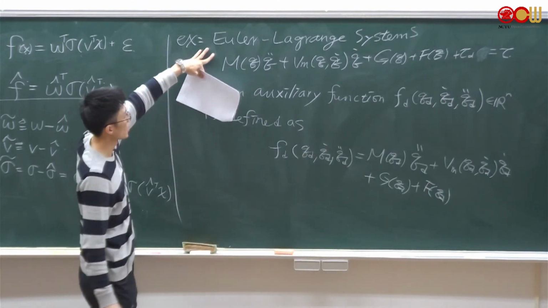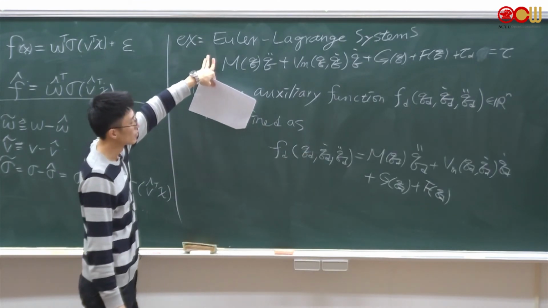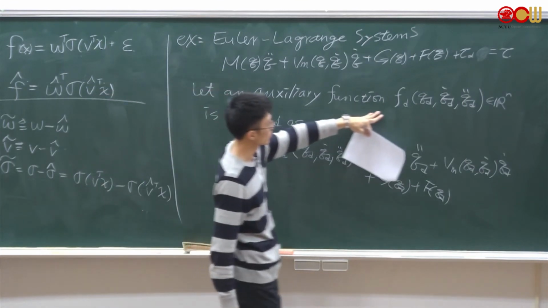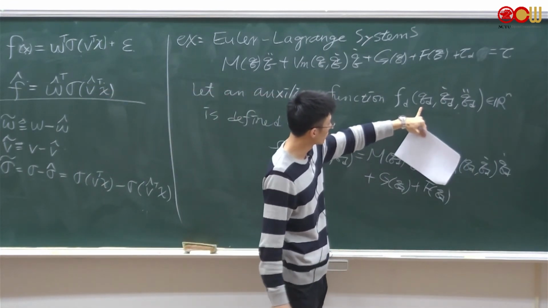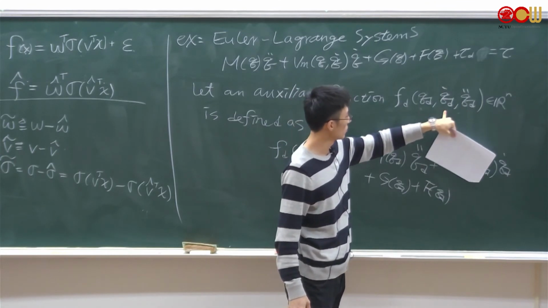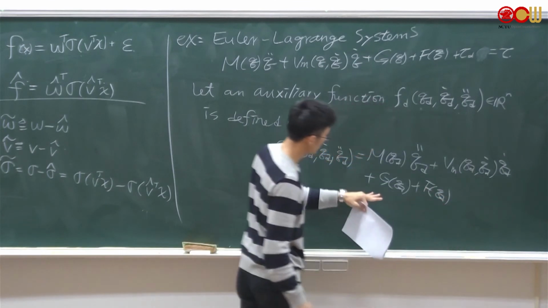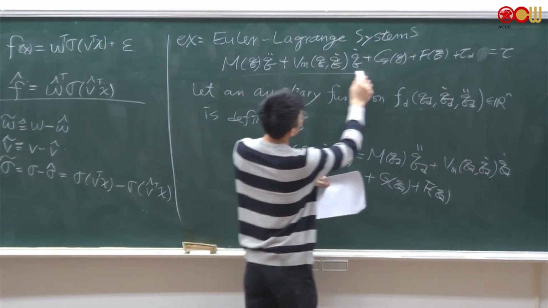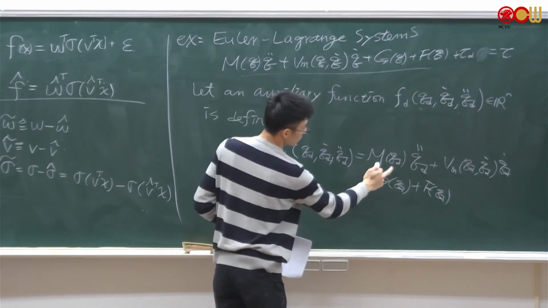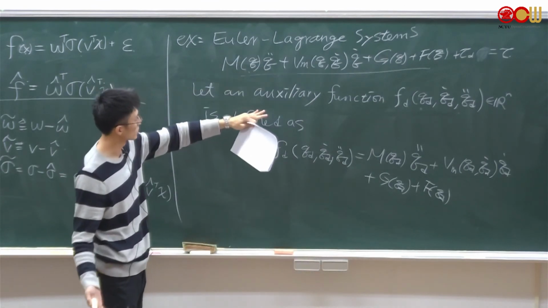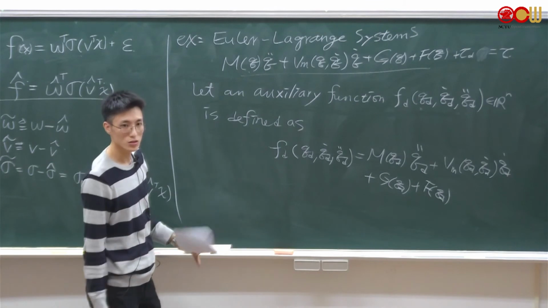Given this open loop dynamics, we can define this auxiliary function, a function of qd, qd dot, and qd double dot. And that function is this dynamics, but along the desired trajectories. We replace every q double dot by qd functions.